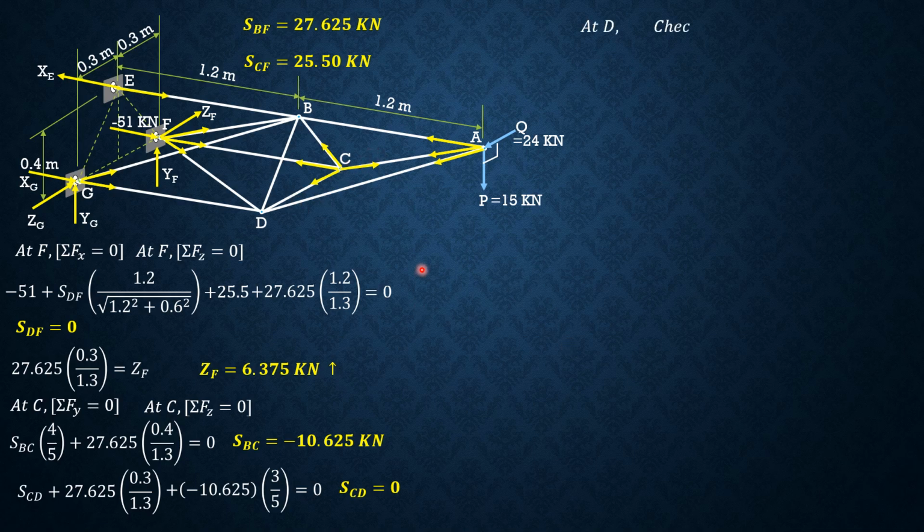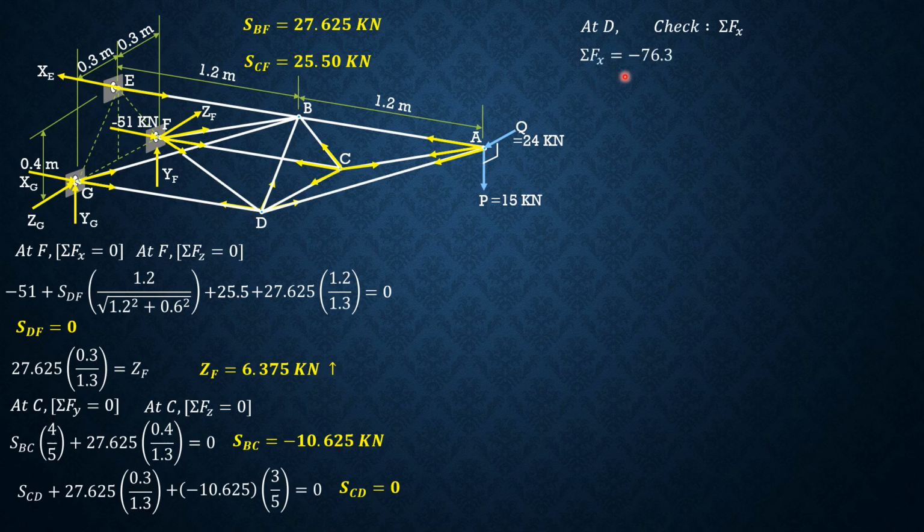So let's proceed to D, summation forces. Let's check summation forces X because we already found AD, and this is 0. So only two forces are involved because BD has no x component. It lies on the YZ plane, or on the vertical plane. So we already found DG.